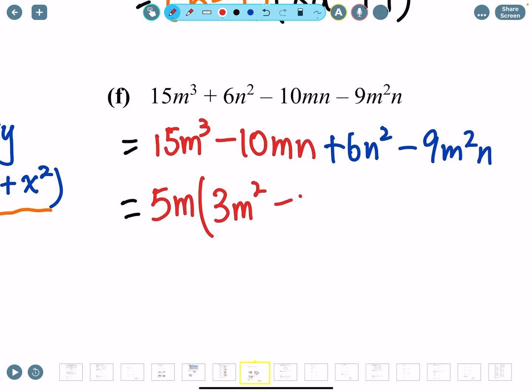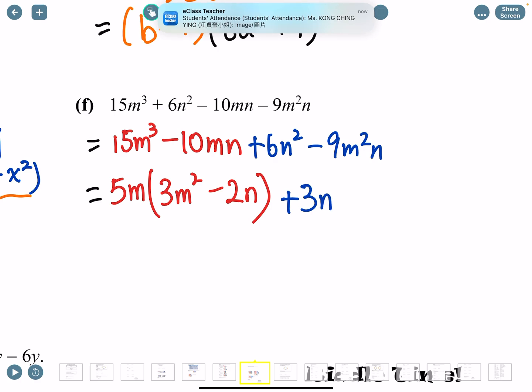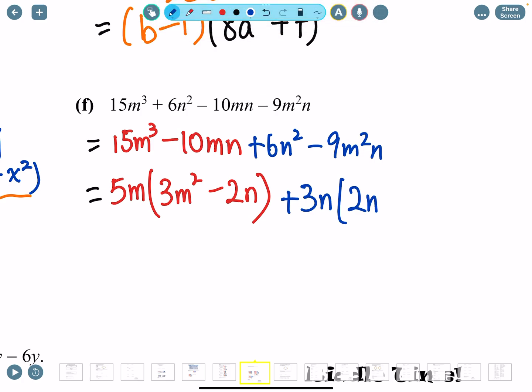Minus 10 divided by 5 is 2. Take out an m, no more m, and you have an n there. Then, for the blue one, I can factorize a 3 out, and they both have an n. So I would have 2 here, 1 n left, minus 9 divided by 3, so that's 3. m squared is not factorized, so we have an m squared, and of course the n is taken out.